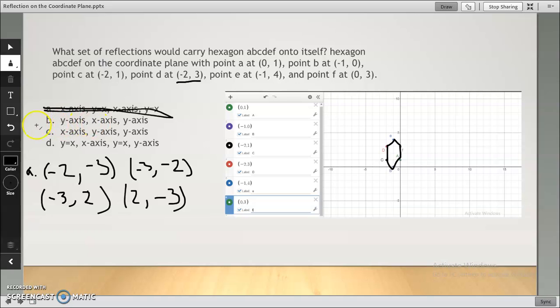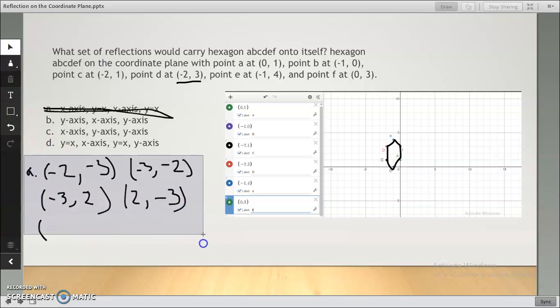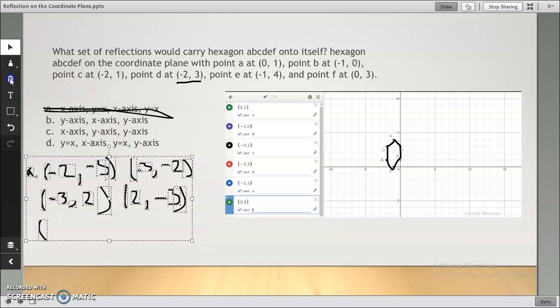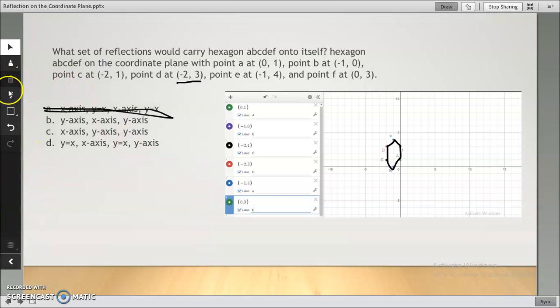The next one, using the same point, (-2, -3), going over the y-axis. Let me erase this so we don't get confused. All right. So going over the y-axis, my x will change sign, so it's going to give me (2, -3).